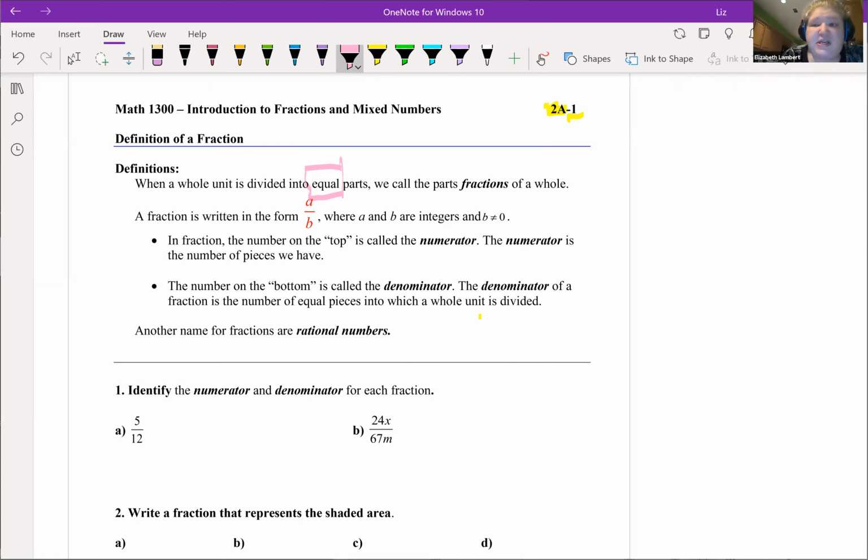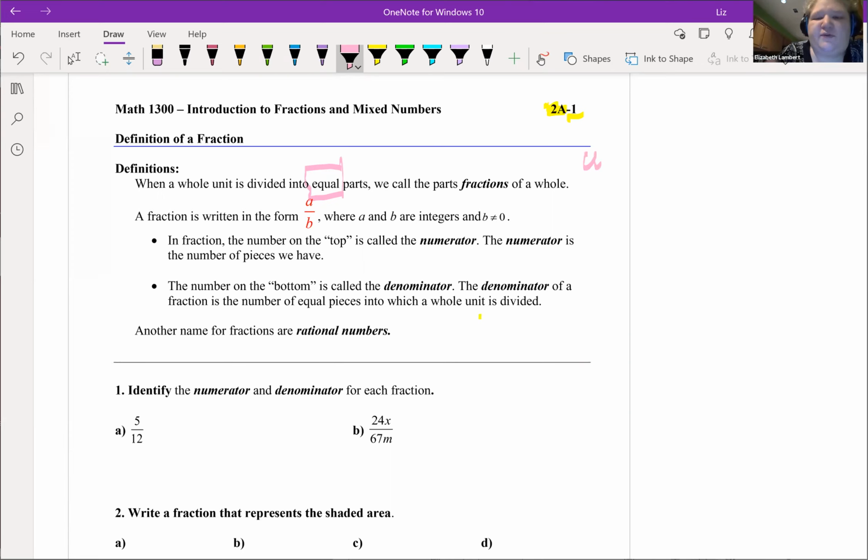However many pieces it's divided into, if it's 2 pieces, then we would call one piece a half, or 1 out of 2. If it's 4 pieces, we would call a single piece 1/4, or 1/7 or 1/16. However many pieces there are, as long as they're equal, or as long as we assume they're equal, because drawing perfectly equal parts is kind of a pain, we call those fractions.